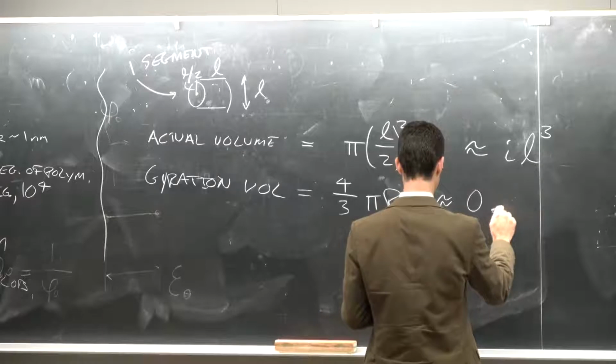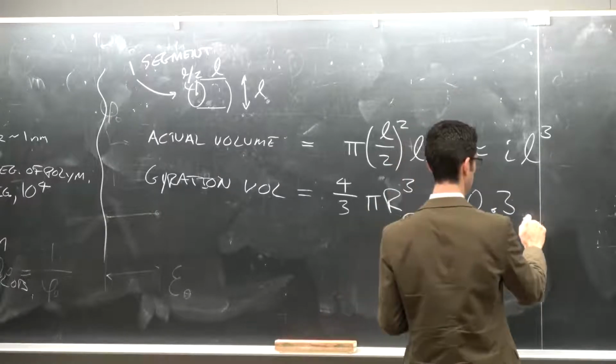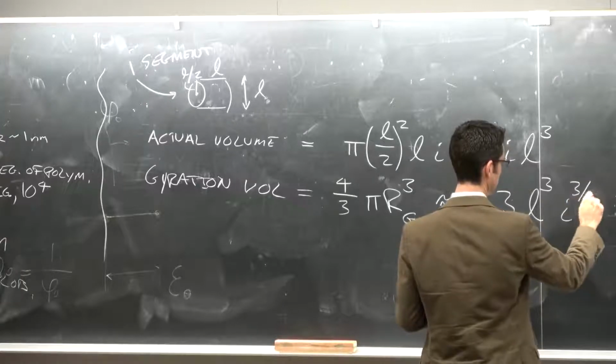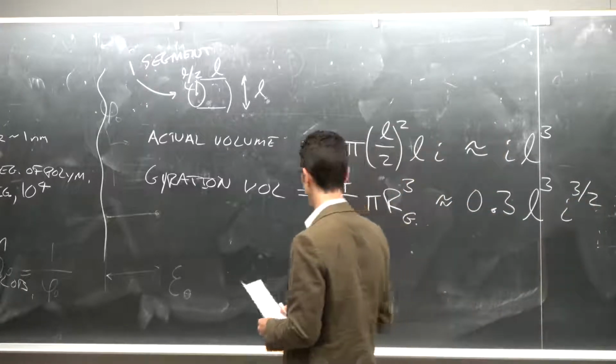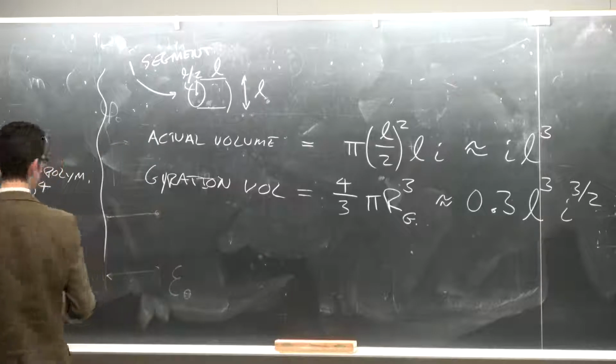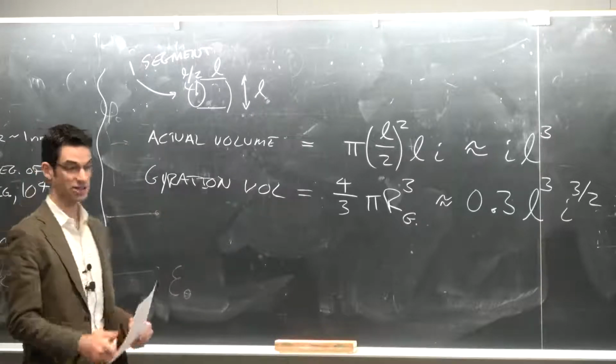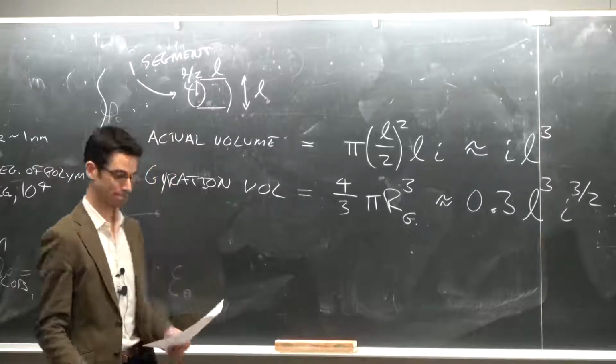And this gives us roughly 0.3 L cubed times I to the 3/2 power. And what is a consequence? If I equals, say, 1,000, then only 10% of the gyration volume is actually occupied.